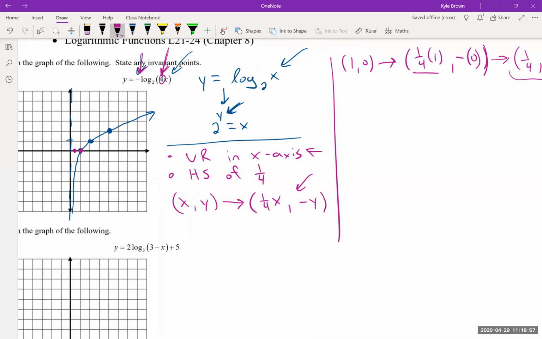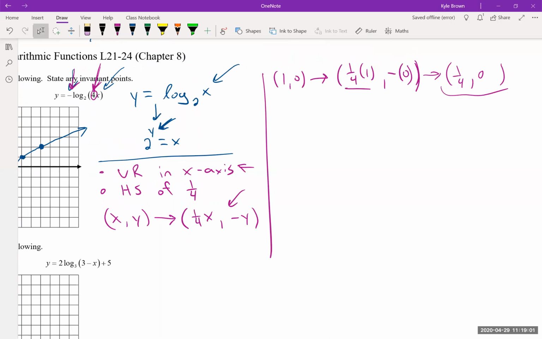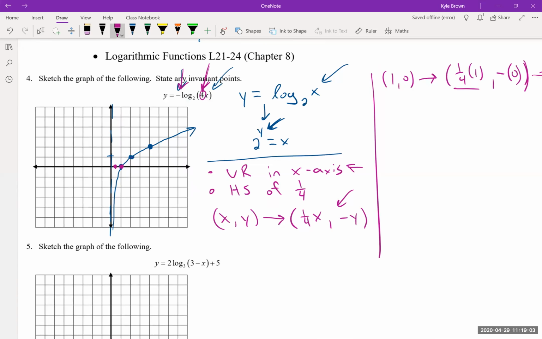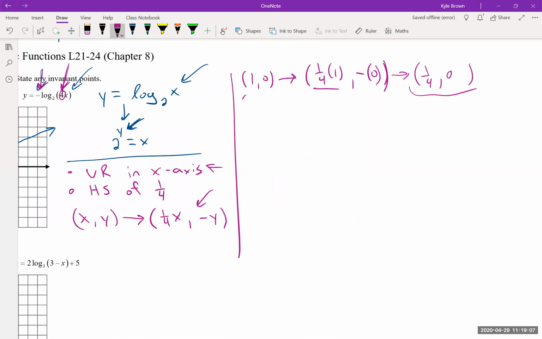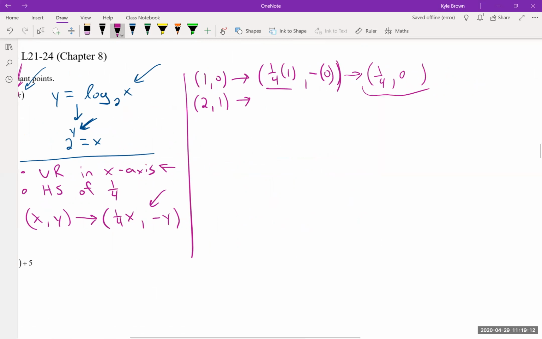All right, so let's see what else happens. So let's do another one. So let's take our point here, right? The point at 2, 1. Let's move that one. So that would be at 2, 1. So applying our transformation here, that would be 1/4 times 2, comma, and then negative, and then 1.